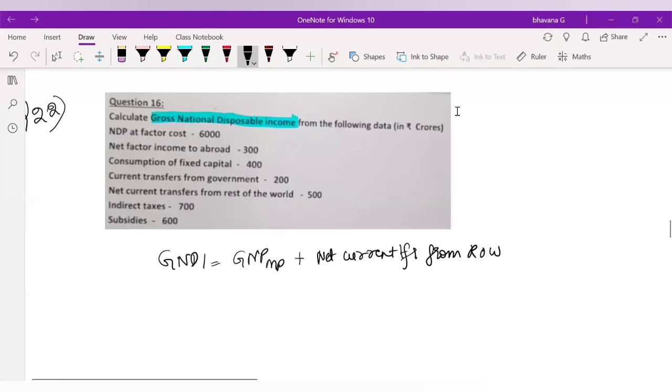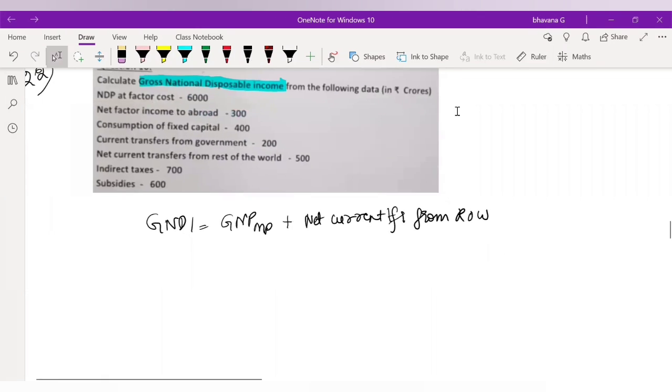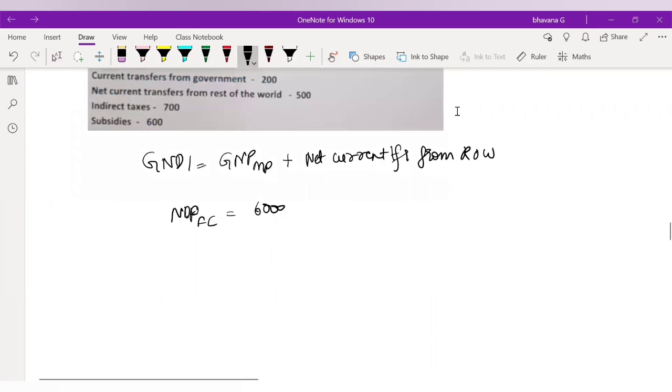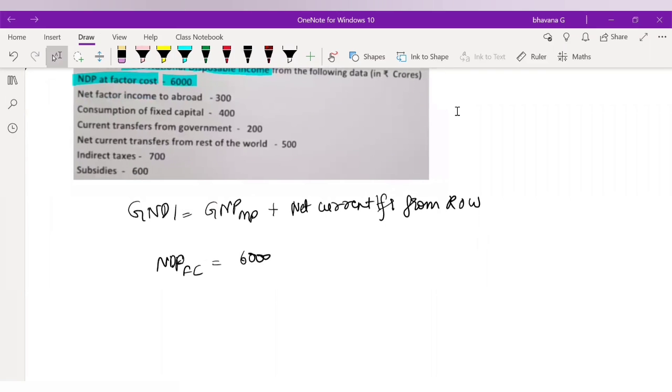Okay, now we'll start solving the question. In the question they have given you net domestic product at factor cost, NDP FC, 6,000. First we have to find GNP.